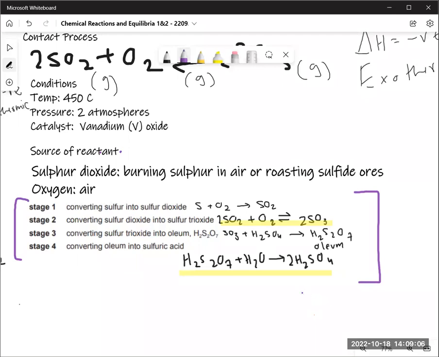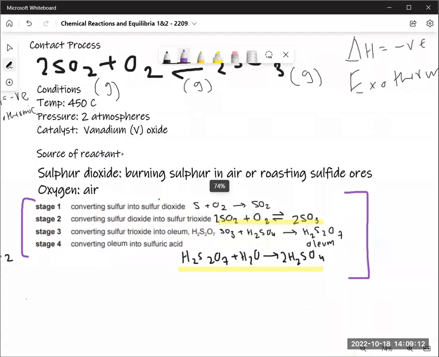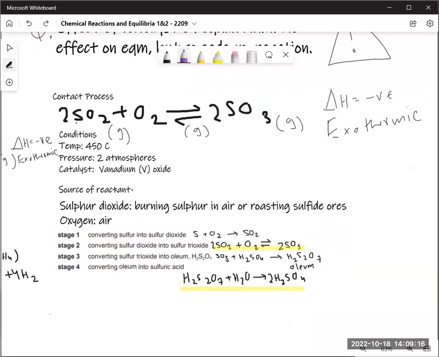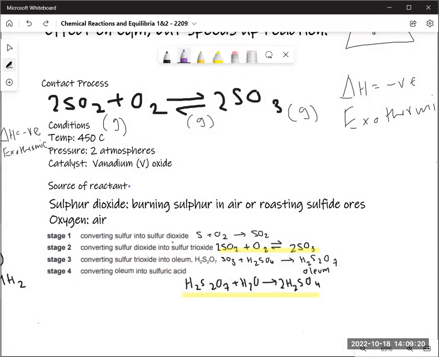I'm done writing. Okay, Anas, how much have you written? Wait, I'm at stage 2. Okay. Now, this on the screen, you have everything they can ever ask you about the contact process.